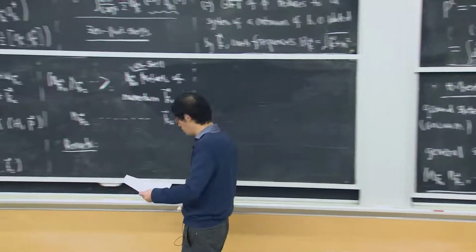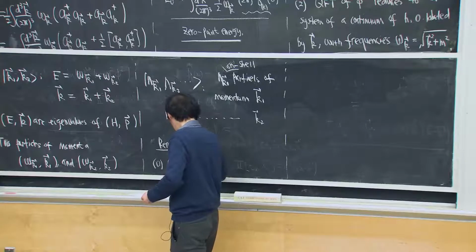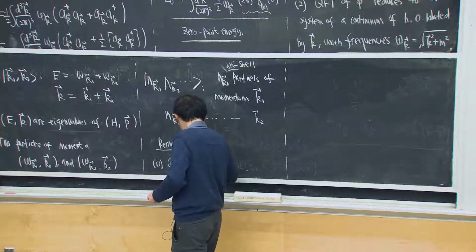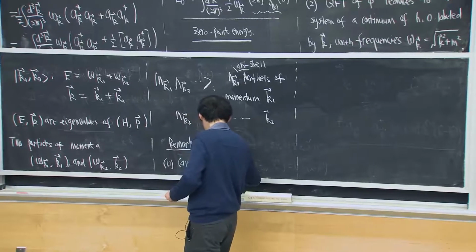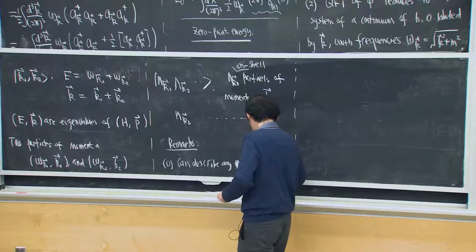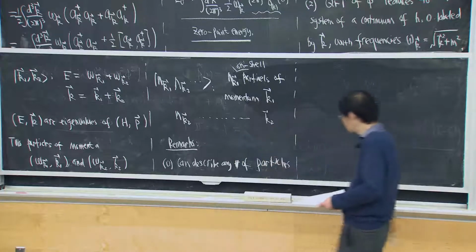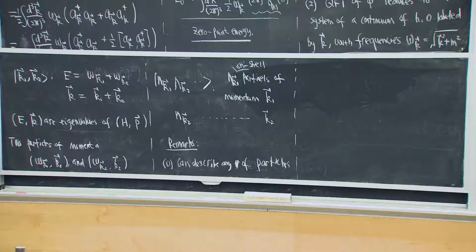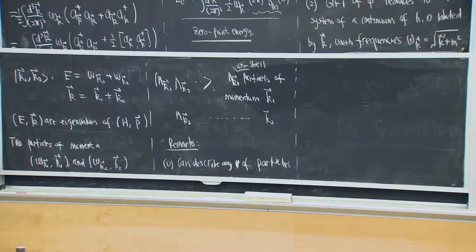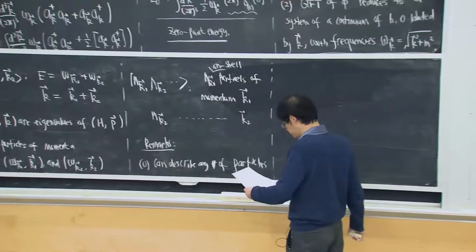So the first point is that now you can see this can describe any number of particles. Mathematically, in our description, they are harmonic oscillators. But each excitation of the harmonic oscillators from the space-time point of view corresponds to a particle. So this is the beautiful thing of this theory.